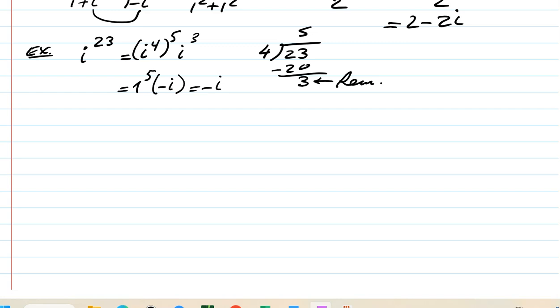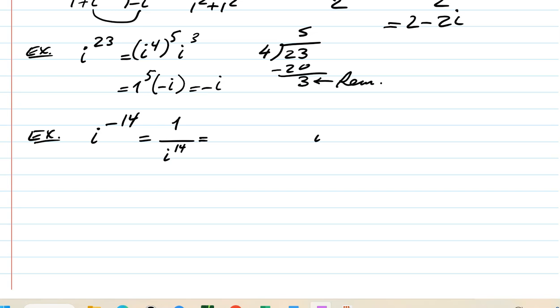What if we have something like i to the negative 14th power? So I'm just going to check out the negative exponent here. First, we need to rewrite this using positive exponents. Using the negative exponent rule, that's 1 over i to the 14th power.